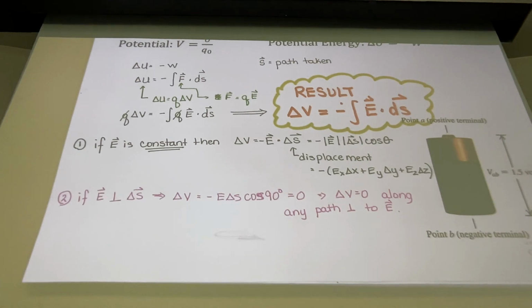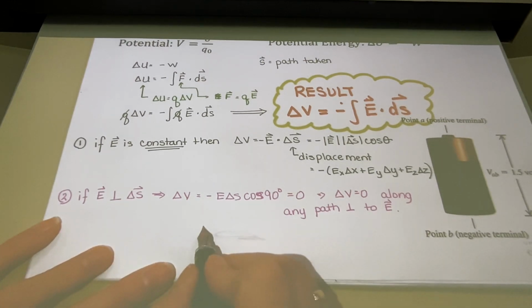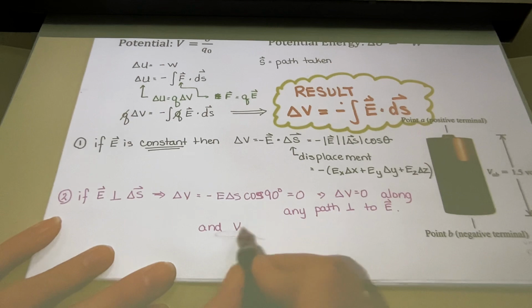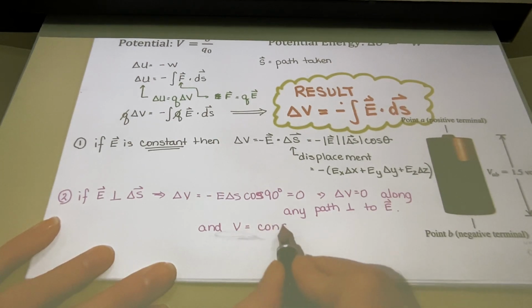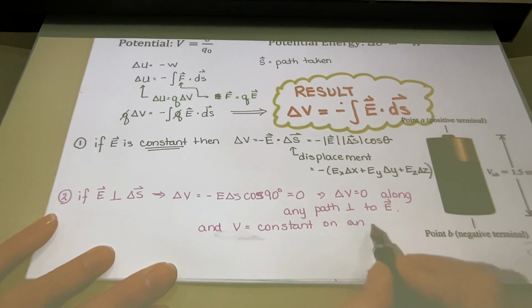If delta V is 0, be careful, that doesn't mean your potential is 0. It means the change in potential is 0, so the potential itself is constant. So if delta V is 0 along any path, V is constant on any path perpendicular to E.